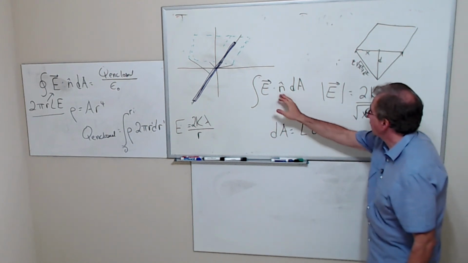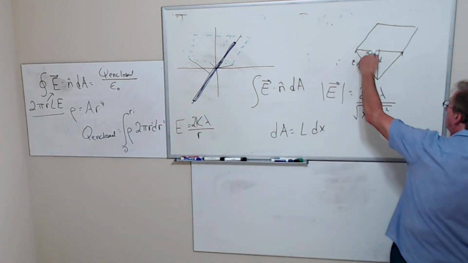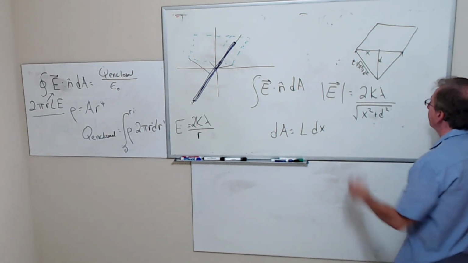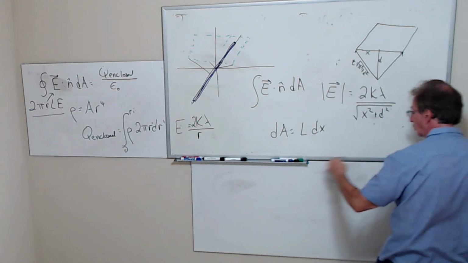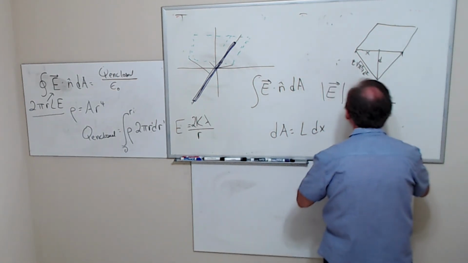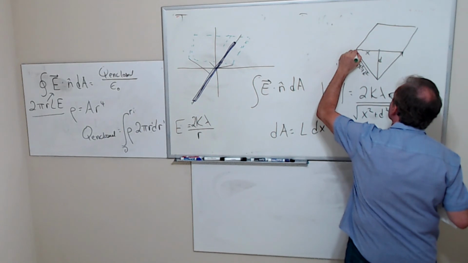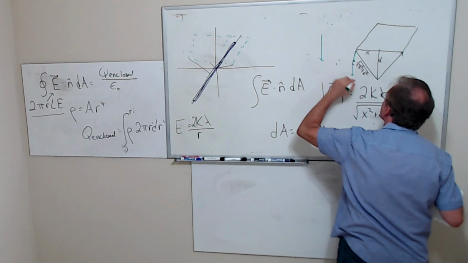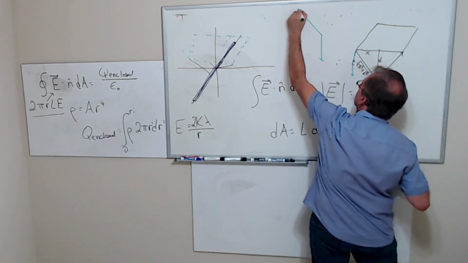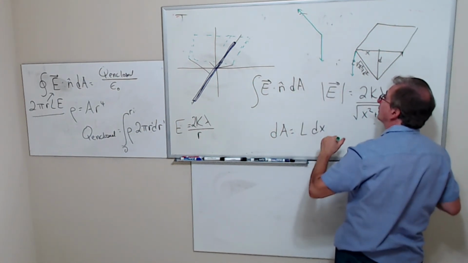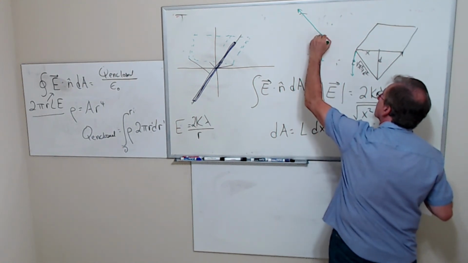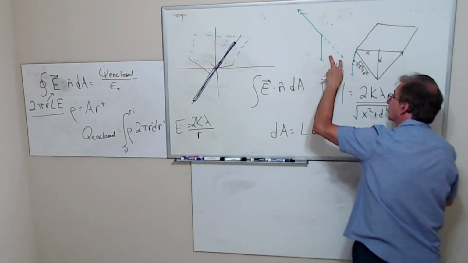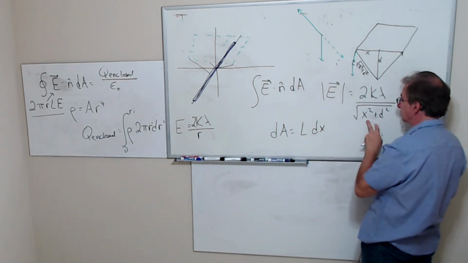And then I got to consider E dot n. The normal to the plane points downward. The field points essentially upward. So you have a normal vector that points this way, and an electric field vector that points this way. This angle is bigger than 90. The component of the electric field along the normal is basically the z component of this.